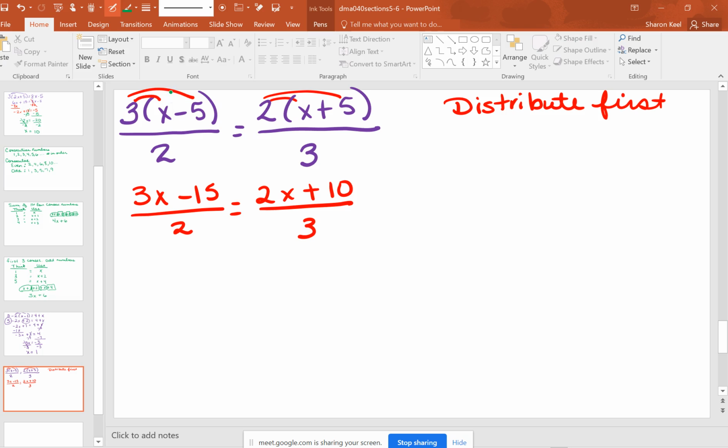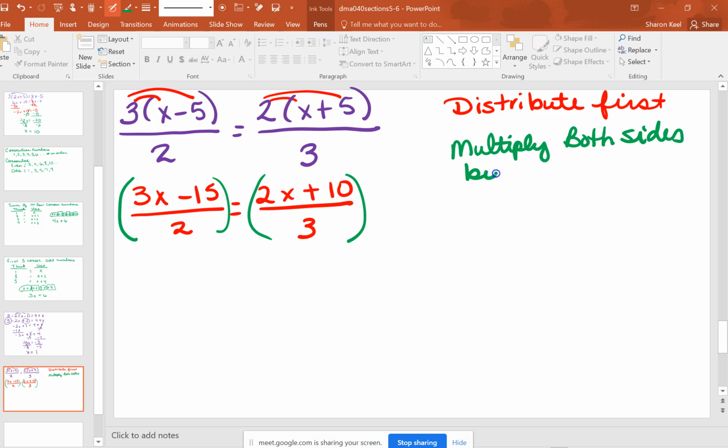My next most important thing is I have in the bottom denominators a divided by 2 and a divided by 3. So what I'm going to now do is multiply both sides by both denominators.